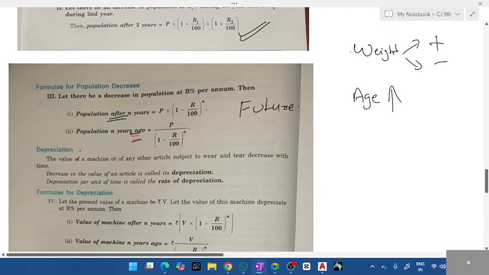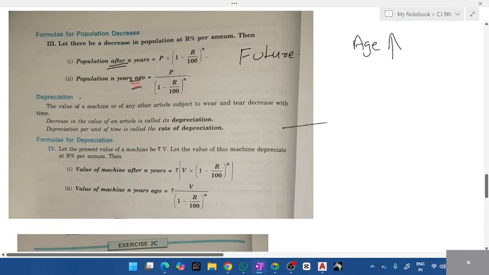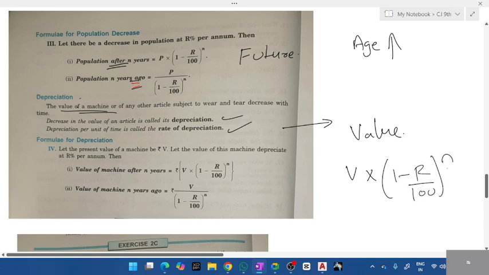But a few things will always decrease, students, depreciate. A few things will never increase, they will always depreciate. That is electronic items, values of machines, depreciation. And the formula is same. V stands for value here. V into 1 minus R by 100 to the power N. Even here it is same, minus.